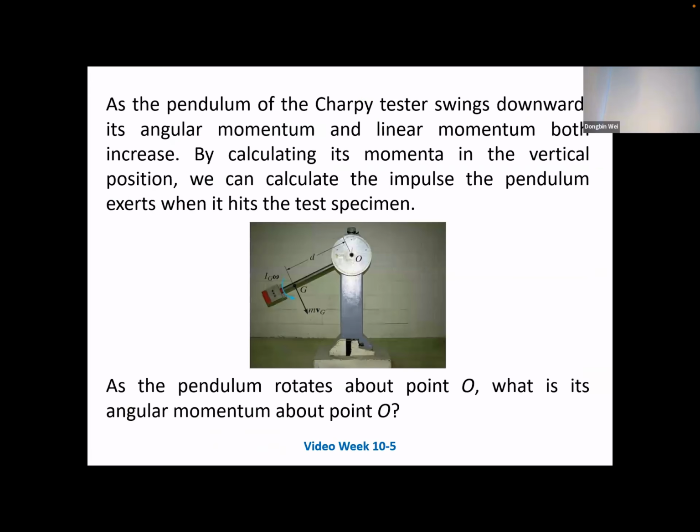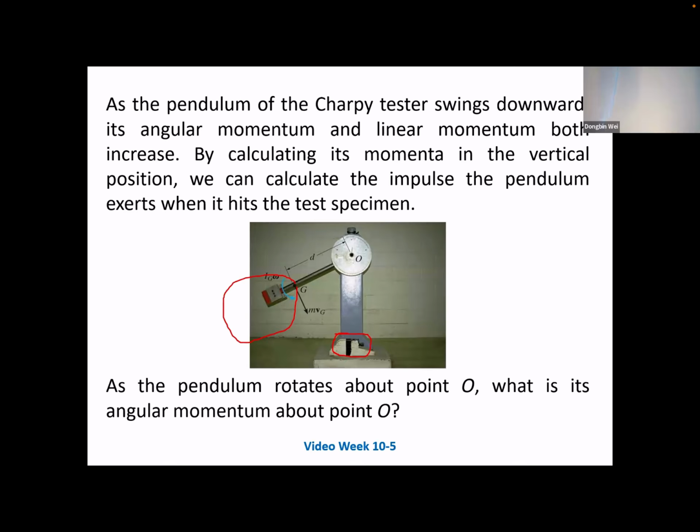Another example here is the Charpy test, and we watched a video of the Charpy test before. To design this kind of test, we must make sure the kinetic energy of the pendulum can be fully, 100%, absorbed by a test specimen sitting at the bottom. But how to make sure of this? This can be solved using the impulse and momentum method.